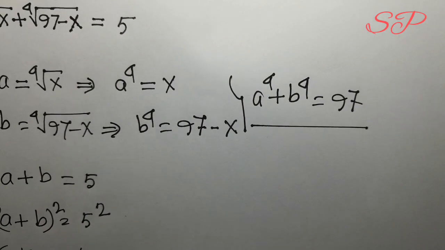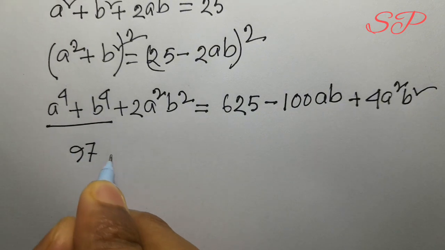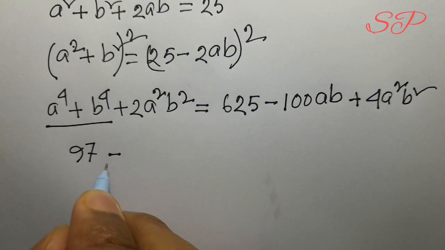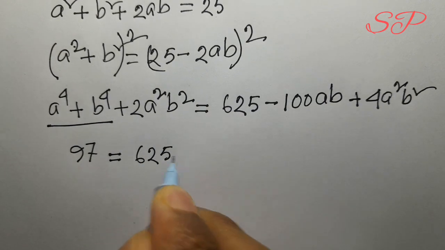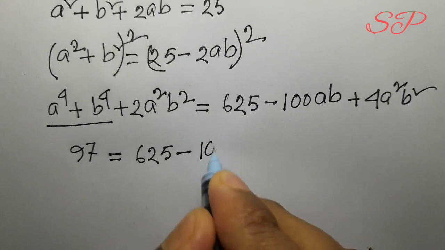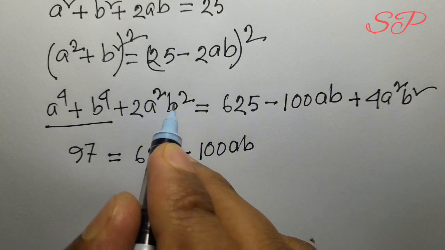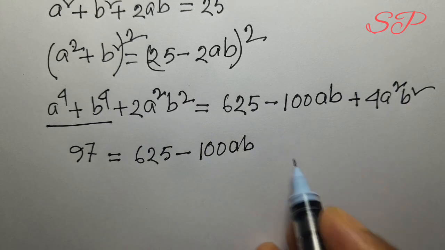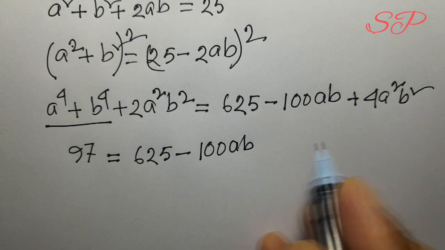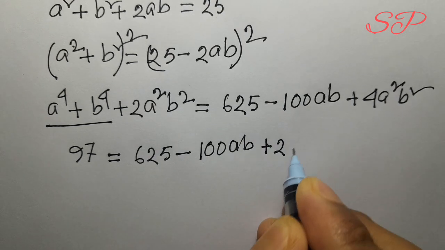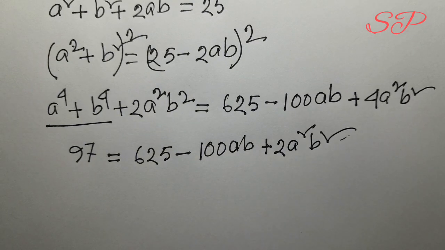So we use this here: 97 is equal to 625 minus 100ab plus 4a square b square, then transferring left side to right side, plus 2a square b square.